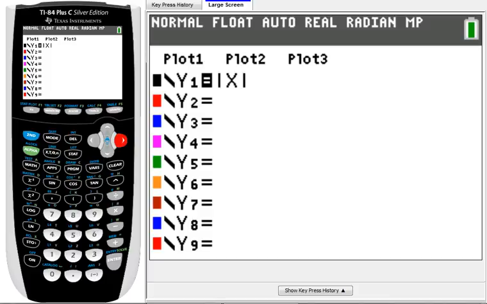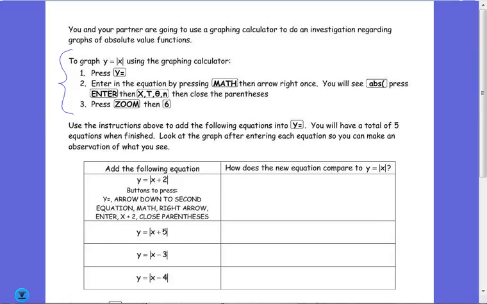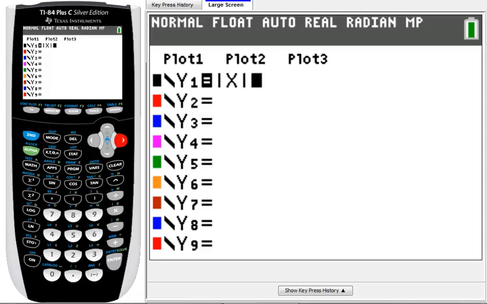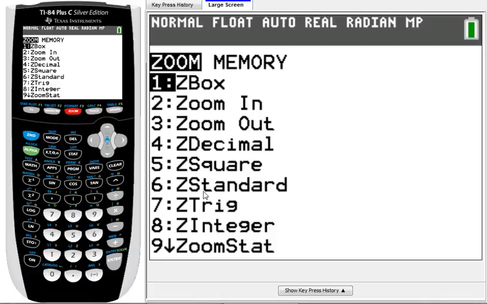To graph it, as our instructions say, we're going to press the button zoom. That's so that everybody sees the same picture to start with, and then we want the number 6. So if we press zoom, which is here in the top middle, option 6 is just a standard window. It's so that everybody is seeing the same picture.